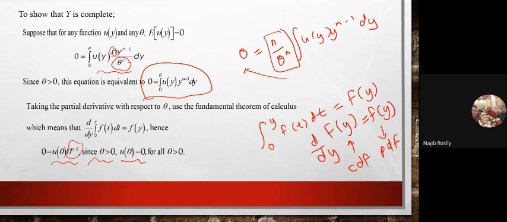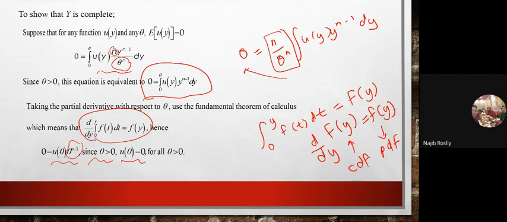From here, we used the fundamental theorem of calculus. Nothing special: if we integrate small f, you get capital F, and if you differentiate capital F back, you get small f.